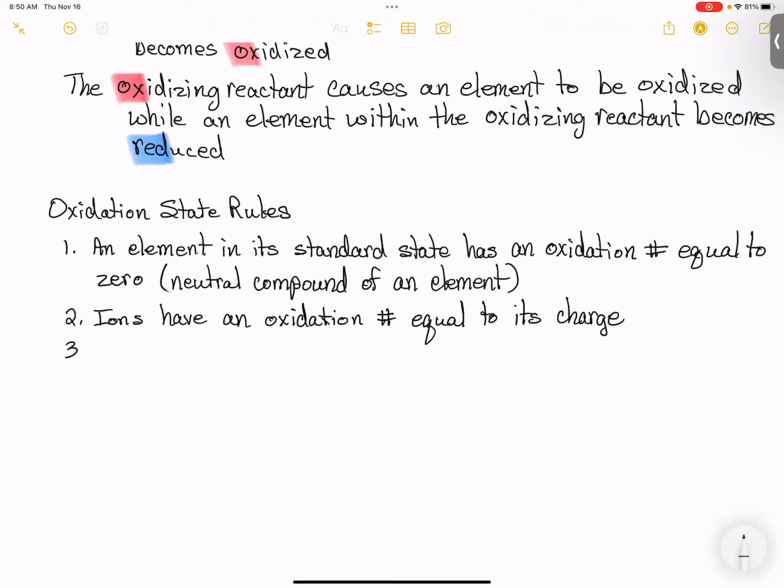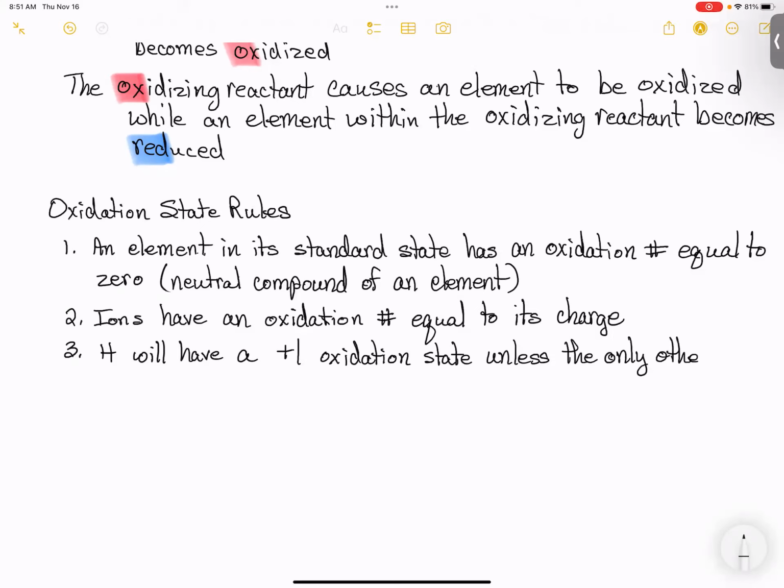Then we get into exceptions. Rule 3, hydrogen will have a +1 oxidation state unless the only other element is a metal.